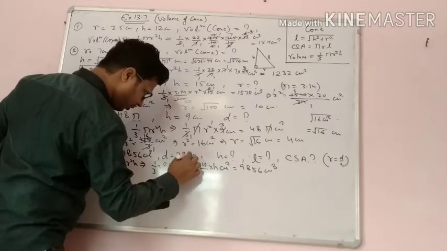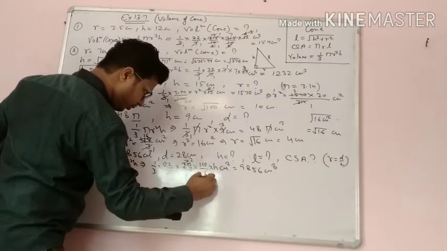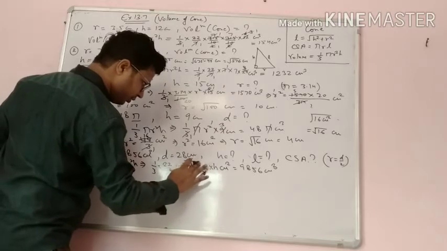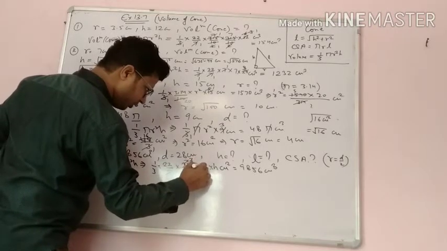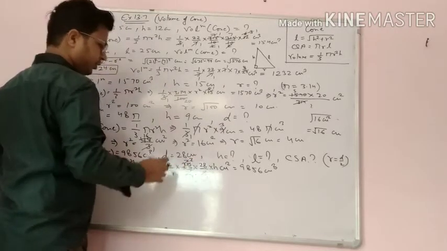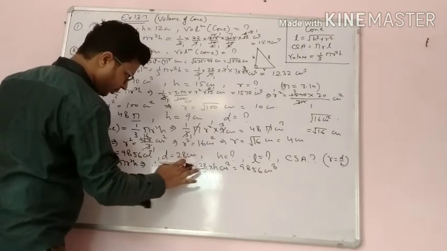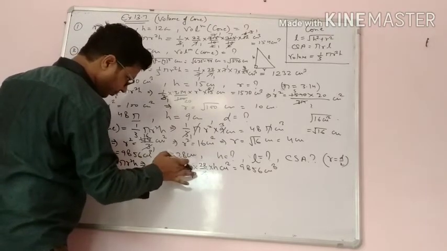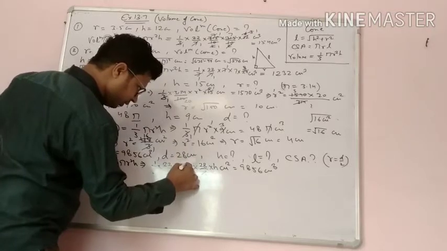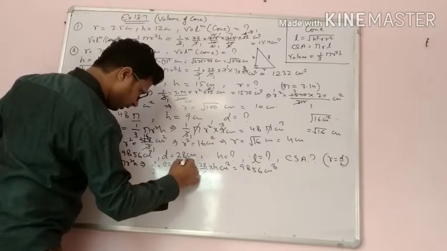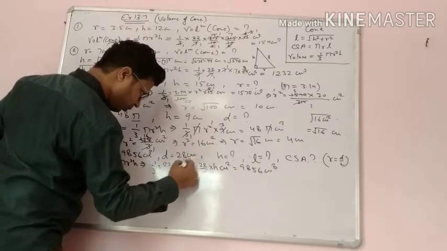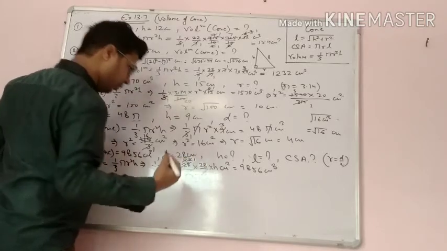What is left here? 2. That 2 will also cancel out because the diameter is 28. That will cancel out by 7, 4. Then it will be 2. Then again by 2, then 1.